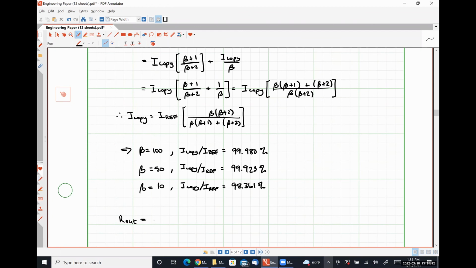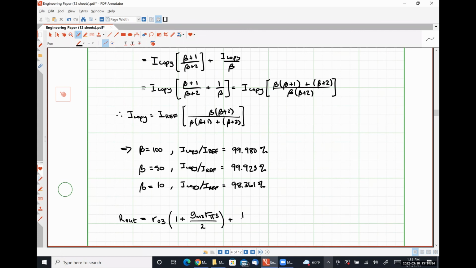Comes out to be R0 3 times 1 plus GM3 R pi 3 over 2, plus 1 over twice GM2. So it's effectively this thing in parentheses times as large as R0 3.